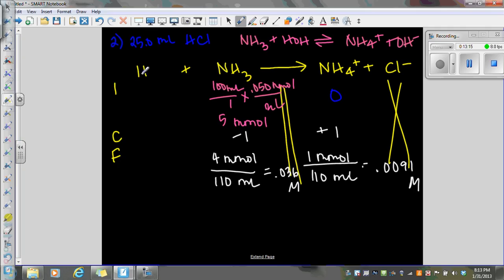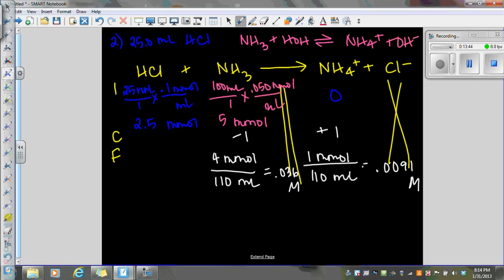Our strong acid, HCl, is going to be added to this buffer. The strong acid reacts with the weak base. Because it's a chemical reaction, I need to find moles. So I'm going to use 25 milliliters times my molarity. The molarity of the HCl was 0.1, so this gives us 2.5 millimoles.